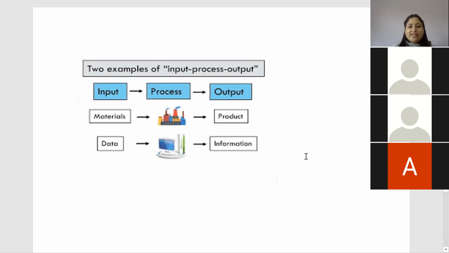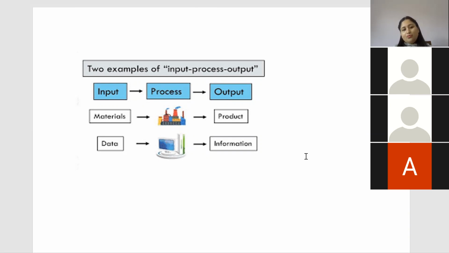So it says two examples of input, process, output, right? So that means two examples of input to output and what's there in the process. So input, there are two examples given as materials, which are then processed by the factories, industries, or different mechanical processes.